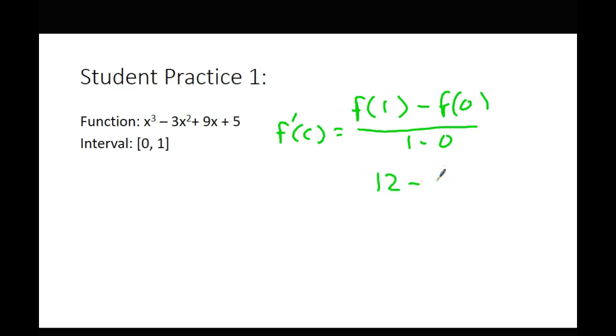And Eric, what did you get for f of 0? Good. And this is over 1. And Jocelyn Lopez, what am I going to put over here? Which is? 3c squared minus 6c plus 9. Good. And so we have 3c squared minus 6c plus 9.